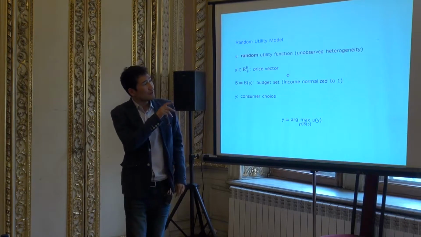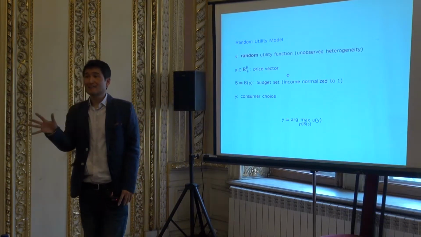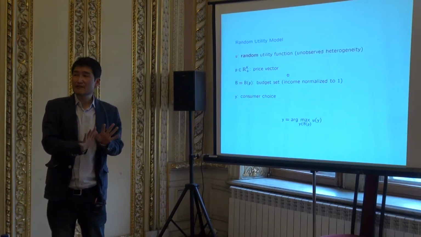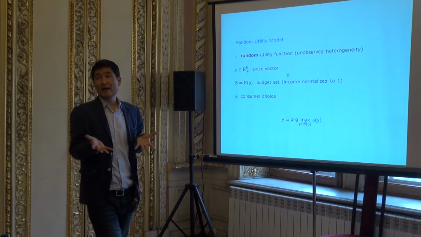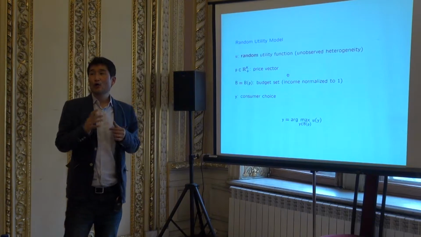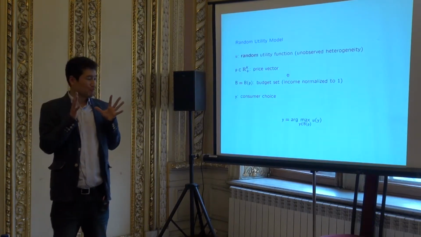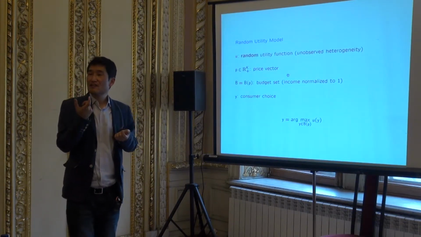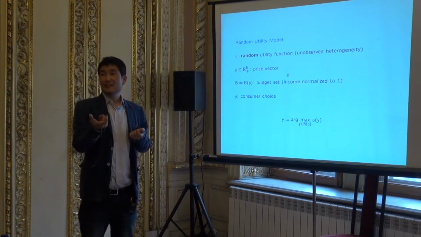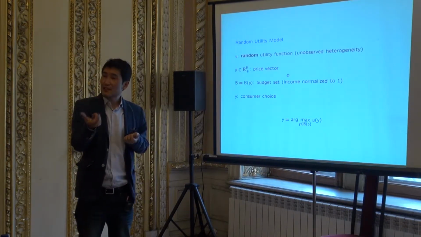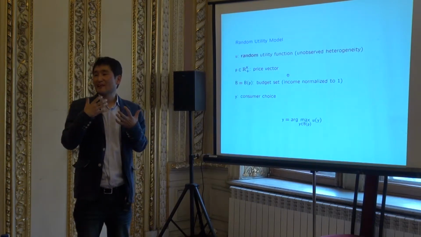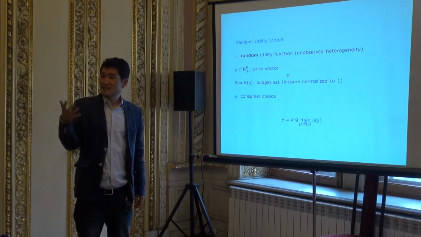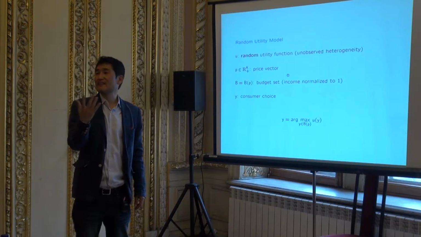So let me talk a little bit about the background of this kind of research. In standard microeconometrics, when people introduce a stochastic term, the typical interpretation is something like epsilon, representing each person's taste.